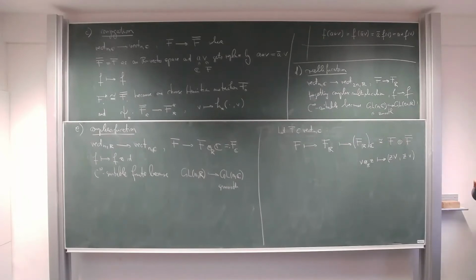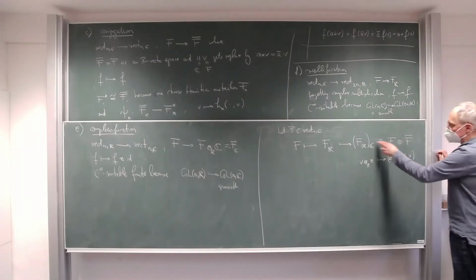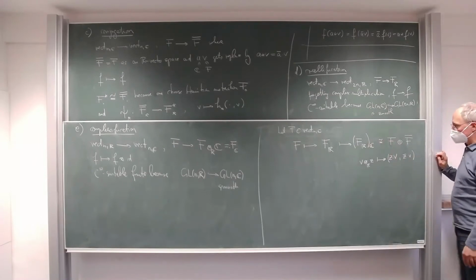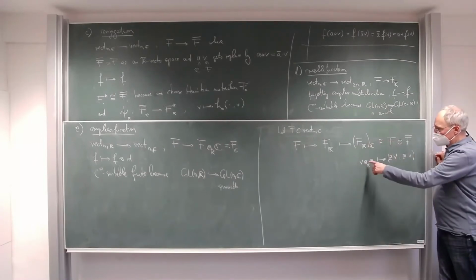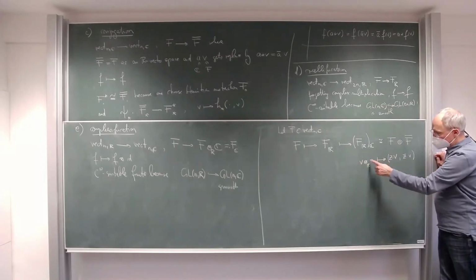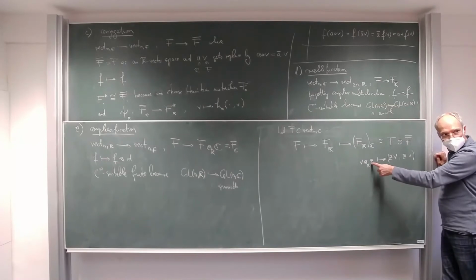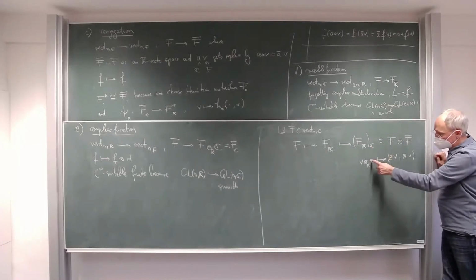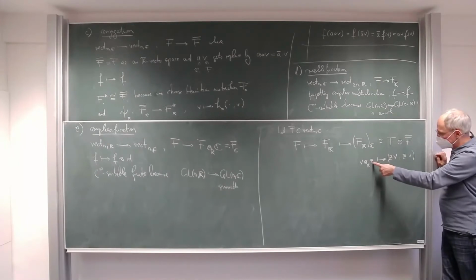But it's also complex linear, and that makes it a complex isomorphism. Namely, if I multiply this thing with a complex number, what I have to do is multiply this slot with my complex number. That was the definition of the complex structure here. So I have to multiply the z with the complex number.